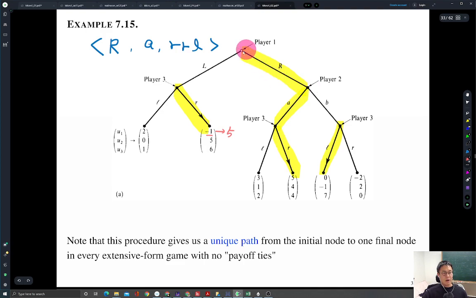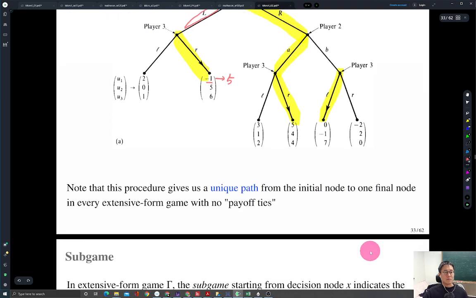And now for player 1, action L and action R yield the same payoff. Okay, so this one will survive the backward induction procedure as well as this one. L, A, R, R, L also survives the backward induction procedure. So we have multiple paths in case of ties, but in case of no ties, we have a unique path from the backward induction procedure.